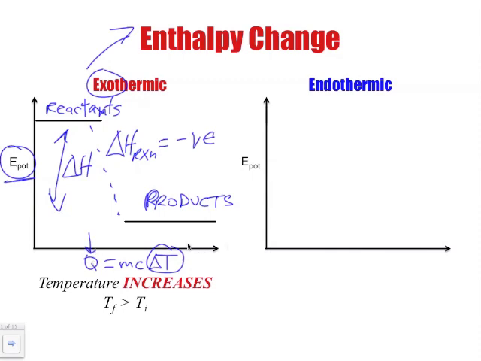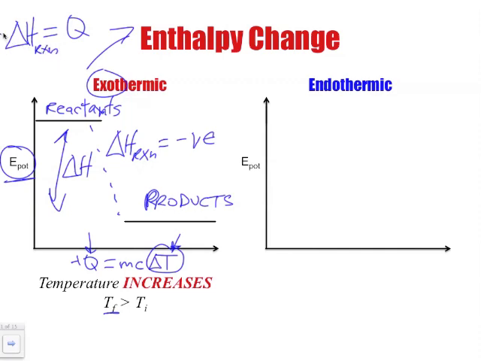So what's going to happen is this value is going to become positive, with a higher final temperature, which will be greater than the initial temperature, giving us a positive Q value. In terms of our Q value, it is equal to our change in enthalpy of whatever the reaction is.